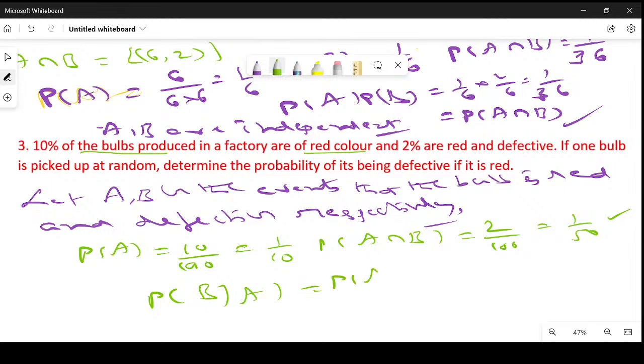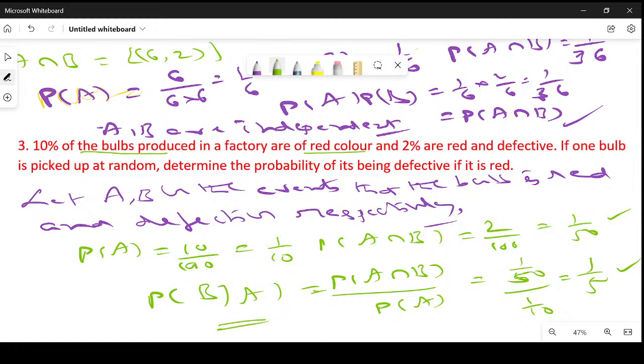So P of B given A equals P of A intersection B by P of A. P of A intersection B is 1 by 50, by P of A which is 1 by 10. Simplifying, it goes 1 by 5. That is the required answer. So P of B given A is 1 by 5.